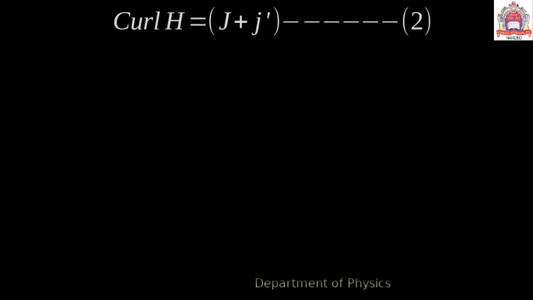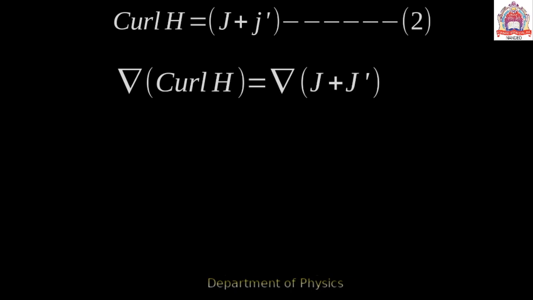So here we take this as equation number 2. Now what is J dash, and why is it introduced? You have to identify J dash. So take the divergence on both sides. Divergence of curl H is equal to divergence of J plus J dash. As we know, the divergence of curl H is equal to 0.